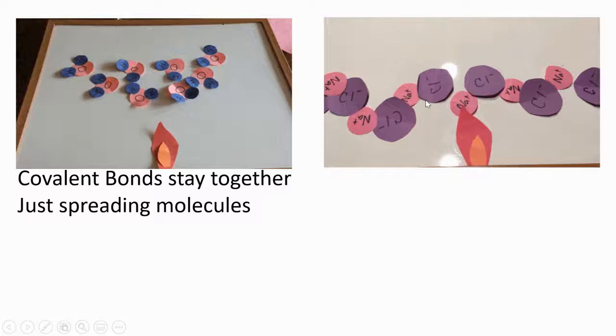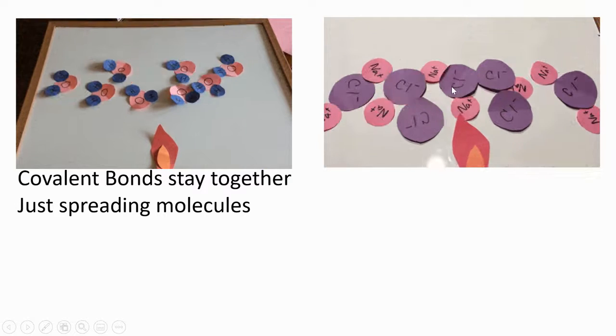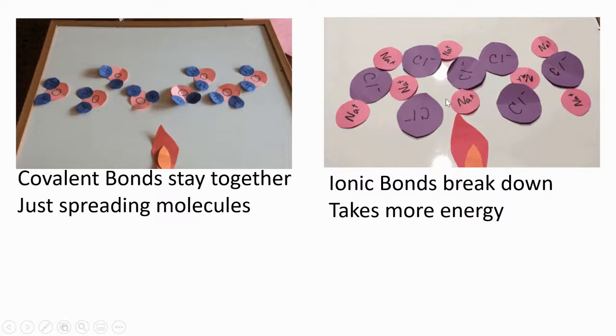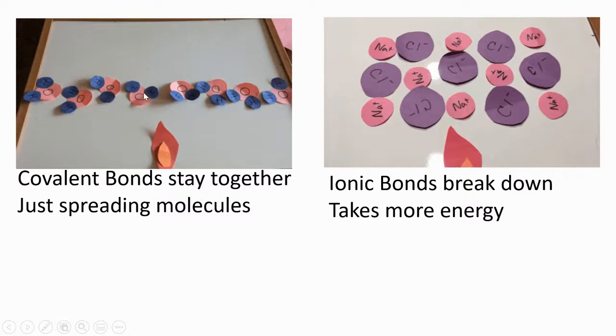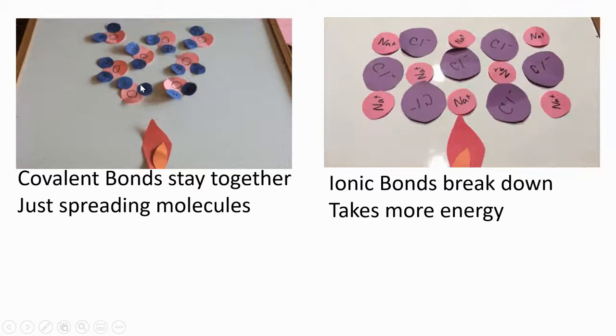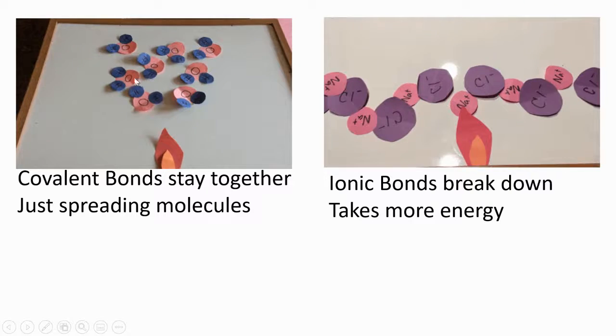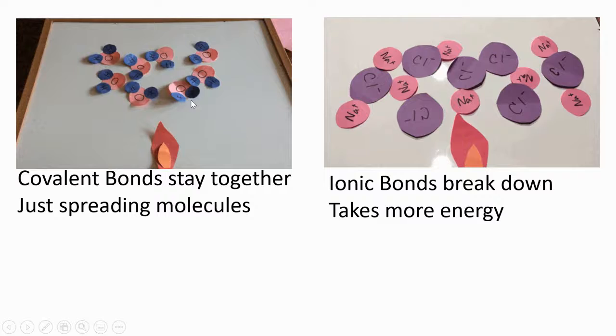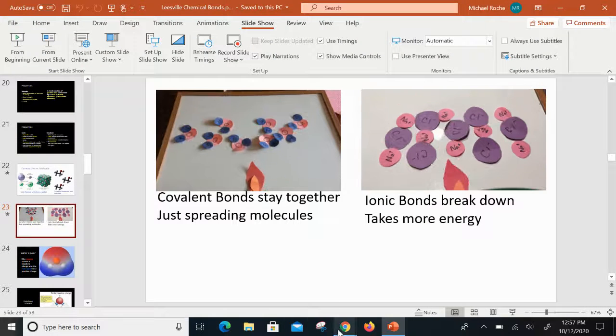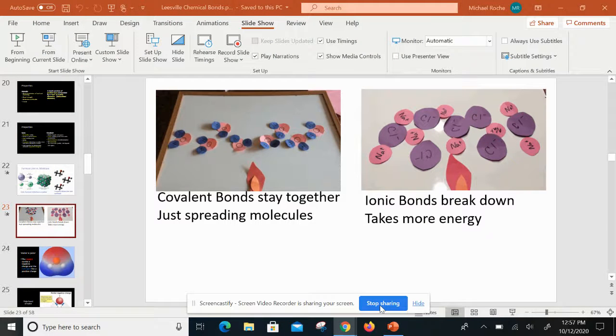It's because you're actually breaking the ionic bonds when you melt ionic compounds that it takes so much energy. And it's because the compounds are staying together as covalently bonded molecules that they don't require as much heat to be separated from each other. All right, so there you go, a brief summary of the kinds of bonding and the properties of those.